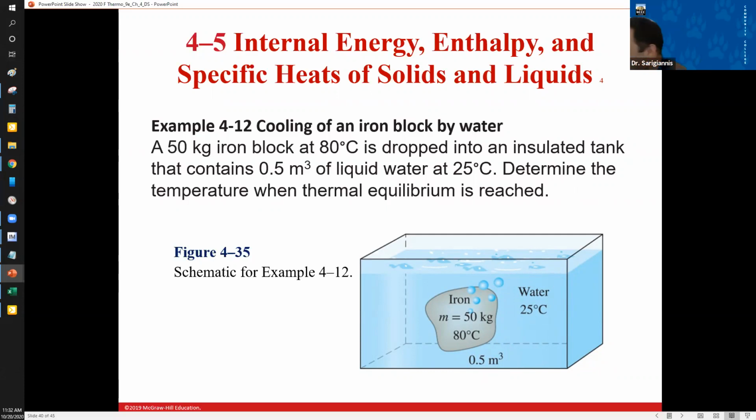So you will need to know some information from table A3 in your textbook on the properties of water and iron. They also have a little subtable on properties of food, so you can find like the specific heat of apples and bananas.